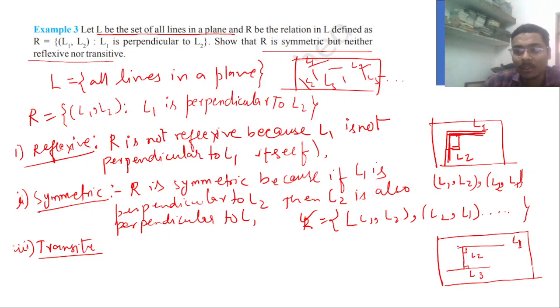So you can see that L1 is perpendicular to L2, L2 is perpendicular to L3, but L3 is not perpendicular to L1. So the three cycle loop is not getting completed here in this relation. So L3 is not perpendicular to L1, so this relation is non-transitive.